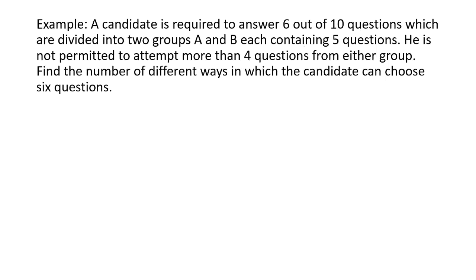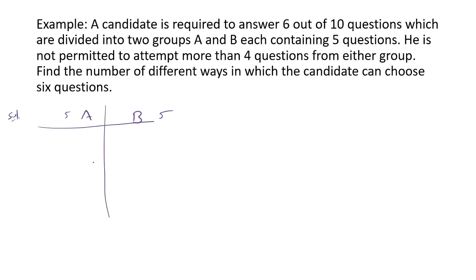Group A contains 5 questions and group B contains 5 questions. Now he is supposed to answer 6 questions, but he is not supposed to answer more than 4 questions from each group.